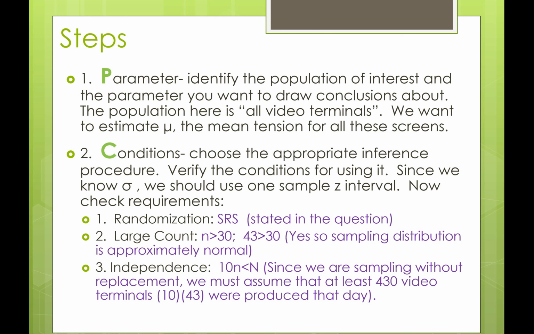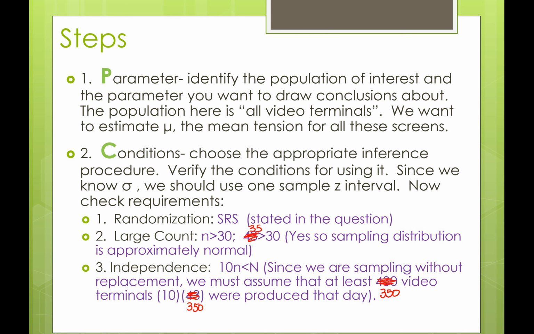So we're going to check that we had a simple random sample, which was stated in the question. Our sample size was 35. But 35 is less than 10% of the population, so for independence, we need to have more than 350 monitors in the population that were created that day if we're sampling 35 of them.